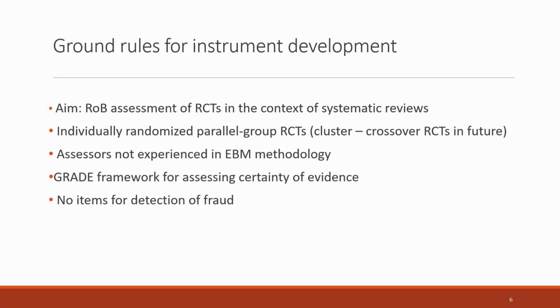And the assessors don't need to be experienced in EBM methodology. So it is rather tailored to junior systematic reviewers. Everything is embedded in the GRADE framework for assessing certainty of evidence. And also we did not consider items for fraud detection.